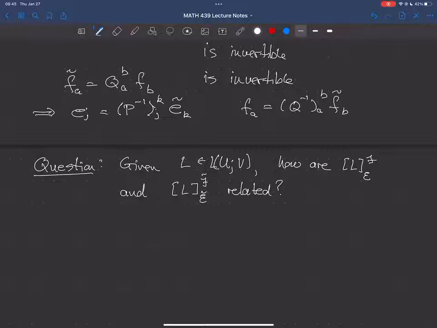Okay, so let's just use the definitions here and exactly see how the change of basis formula comes out. So let's write down what we know.